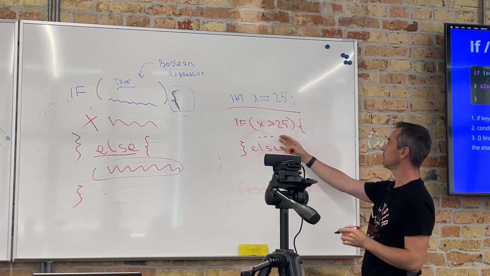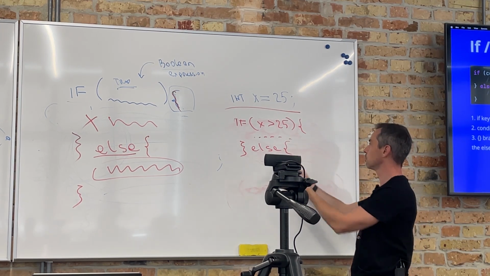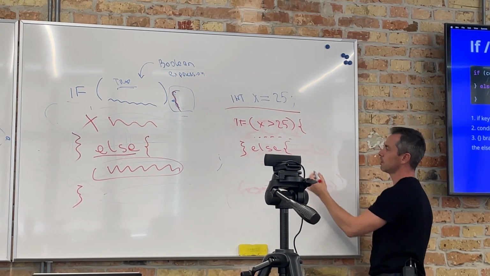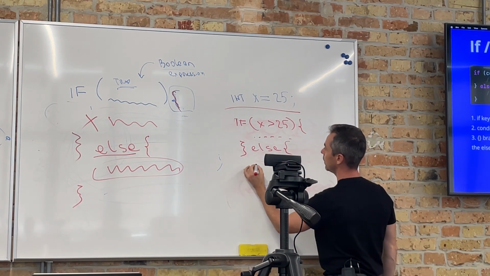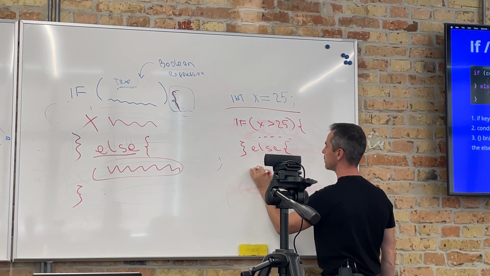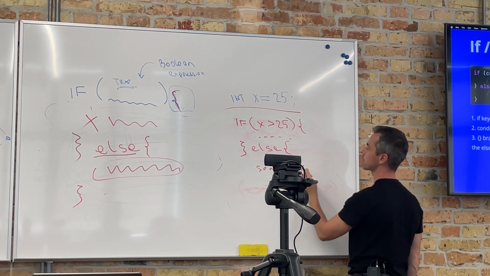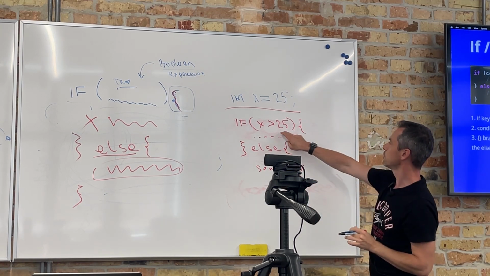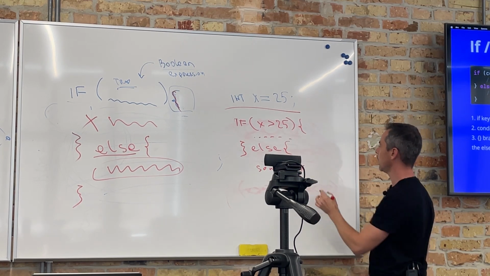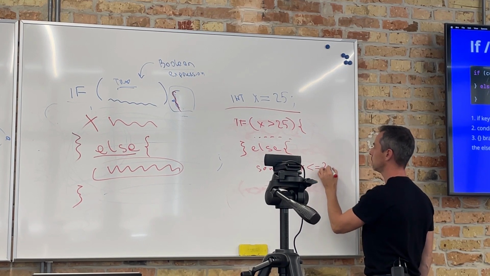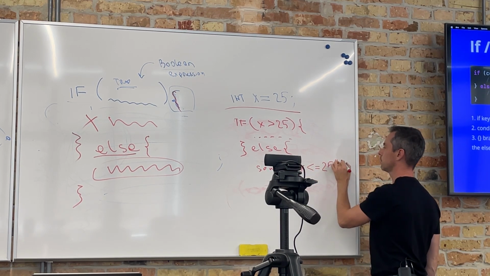By the way, you see I opened that on the same line, so you could write it in a bit different style, but I prefer this style. So, and here I write system out println x is not bigger than 25, so x is less or equal to 25.